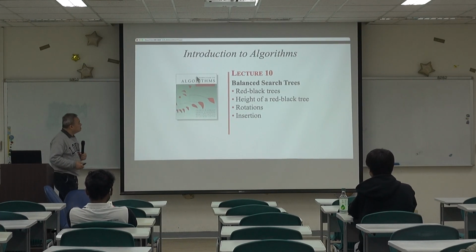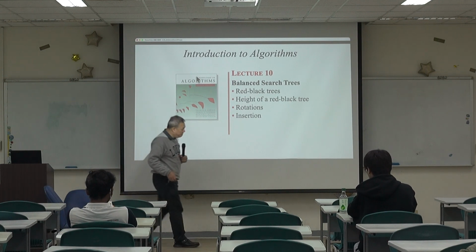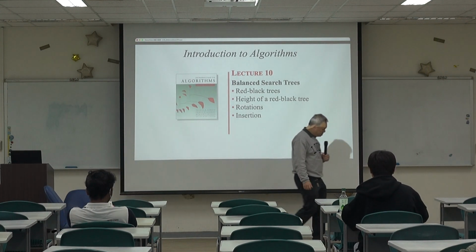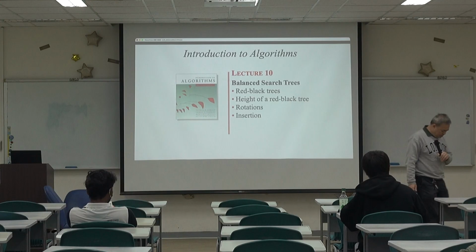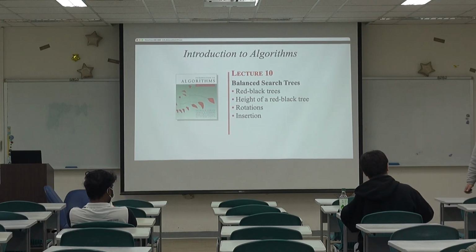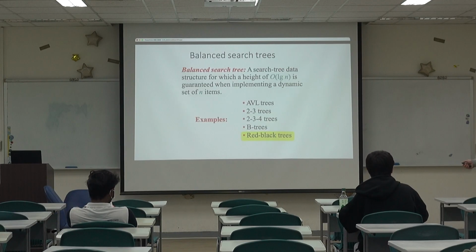Okay, and then it's the balanced search tree. So you guys know binary search tree, right? I mean, you must have learned balanced binary search tree in data structures, right? Okay. How about AVL tree?